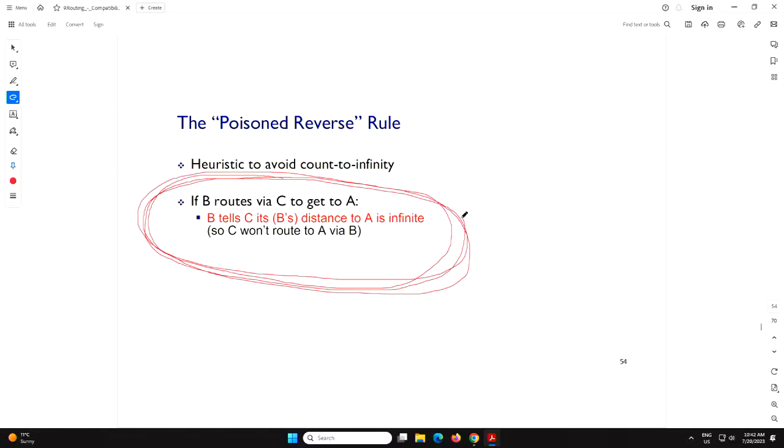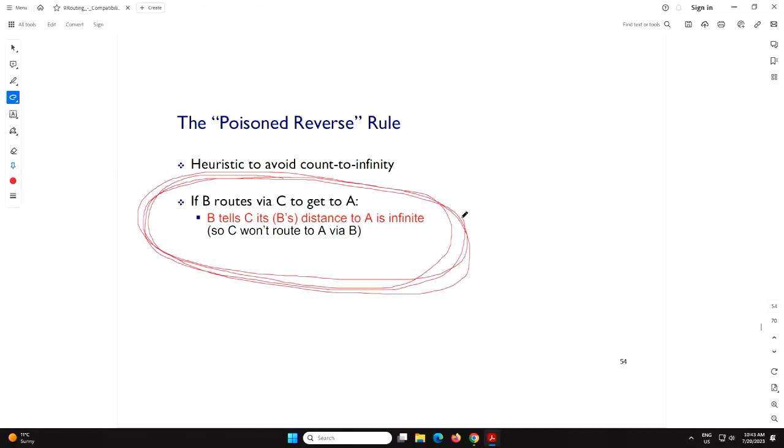So one way to stop this problem in its tracks is that C actually knows that this attractive cost of 6 that it is advertising to B is via B. So C knows that information anyway, right? So what C can do is not advertise it.